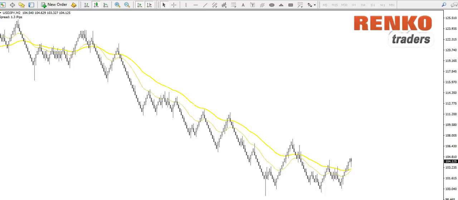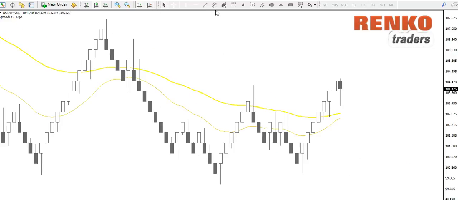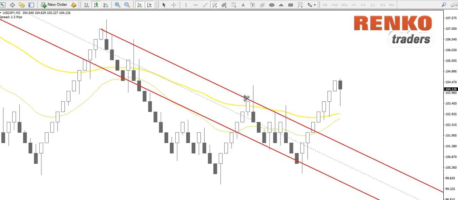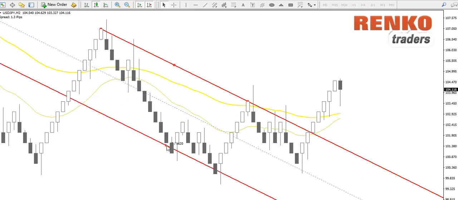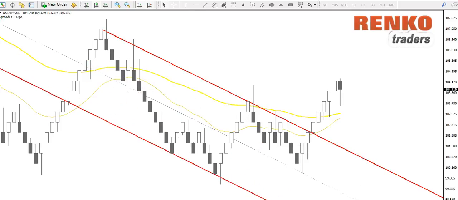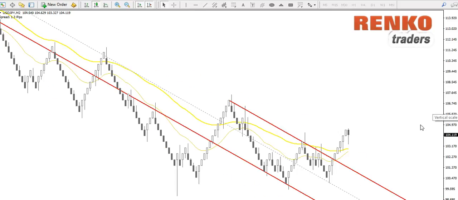Let's take a look at what's happening right here. Okay, this is quite an interesting setup because you've got your downtrend here and your reference points lined up. You've got your reversal here, and right now prices are moving up.